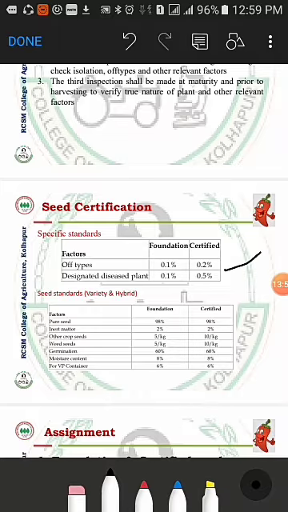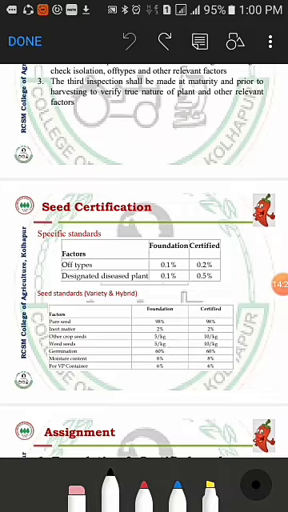The designated disease plant limit is 0.1 and 0.5, and likewise there are seed standards. Pure seed is 98% for foundation and certified, inert matter 2%, other crop seeds only 5 seeds per kg for foundation and 10 seeds for certified.